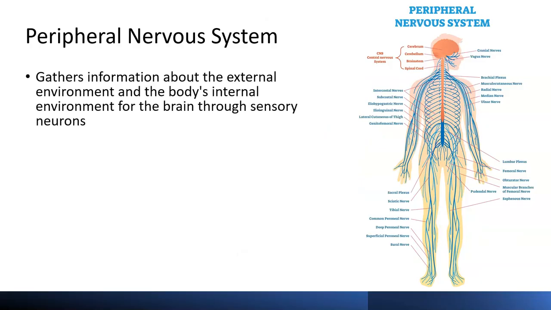The peripheral nervous system is responsible for pulling in information from the external world. So a lot of this is sensory information that we need to later interpret. As it says in this image, you have a whole map's worth of nerves.